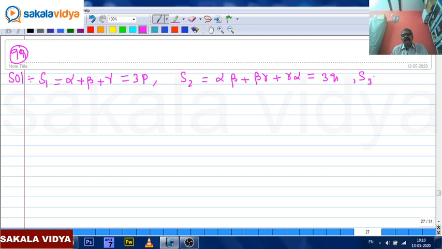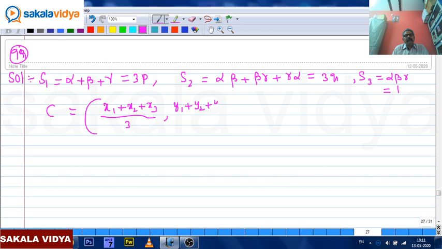S3, alpha beta gamma, is equal to 1. First you find the centroid. Centroid means x1 plus x2 plus x3 by 3, y1 plus y2 plus y3 by 3. This is the centroid of the triangle.